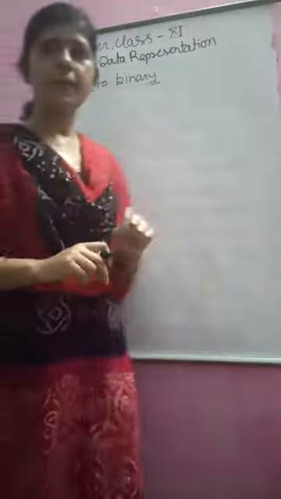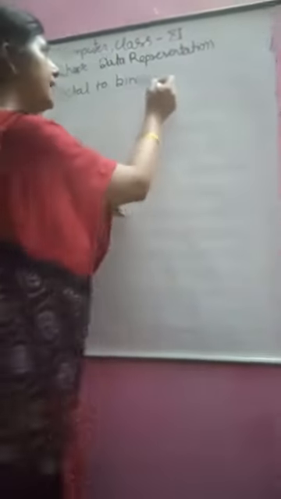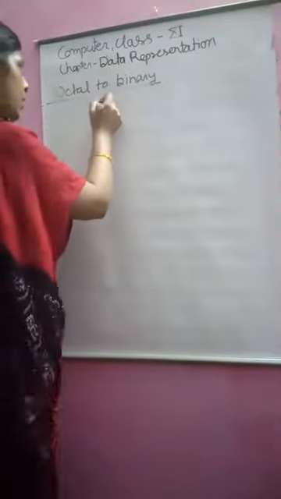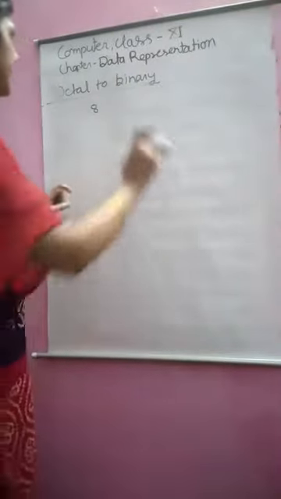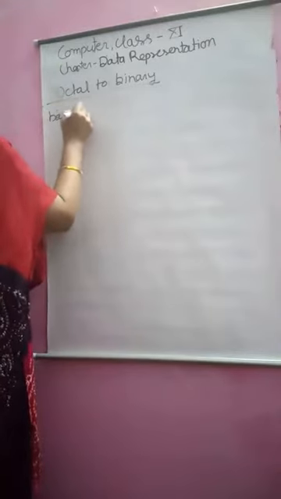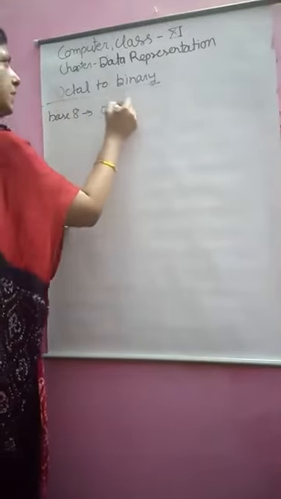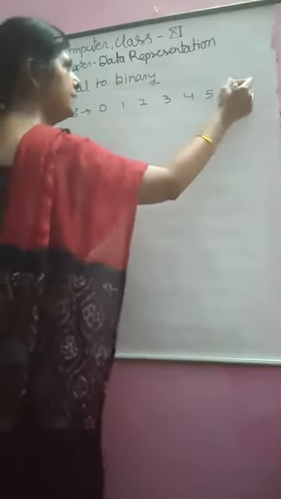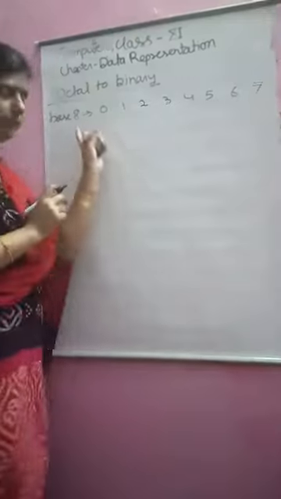An octal number is a number with base 8, so the digits will be 0, 1, 2, 3, 4, 5, 6 and 7.